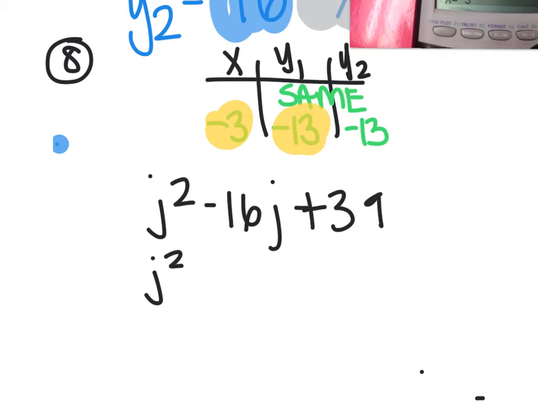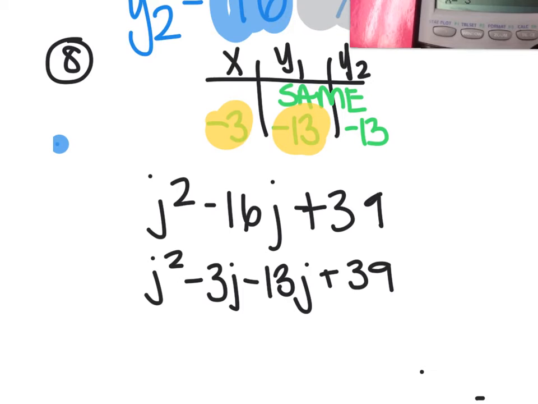So instead of j squared minus 16j, I can write it as minus 3j minus 13j plus 39. And this minus 3 and this minus 13 are from the minus 3 and minus 13 in my table where they were the same.